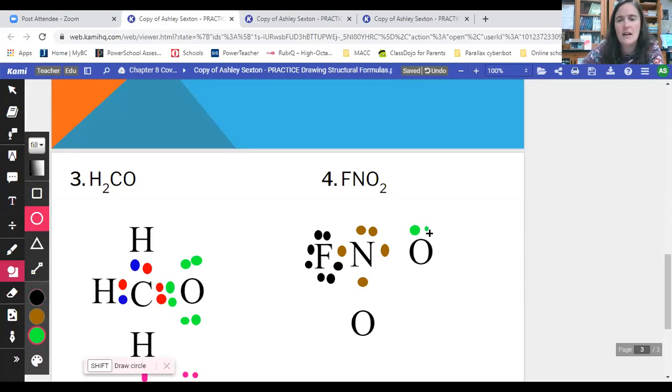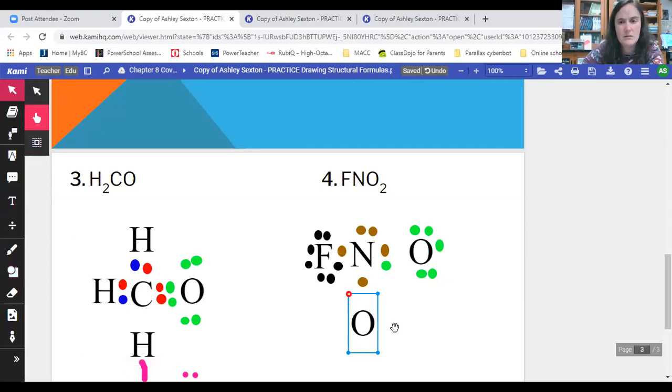All right, so if I had 1, 2, and then I'm gonna have this oxygen there. I don't know why I put that oxygen so far away, but I'll fix it later. And this oxygen's kind of far away too. Come closer.